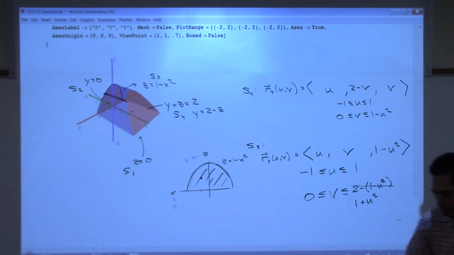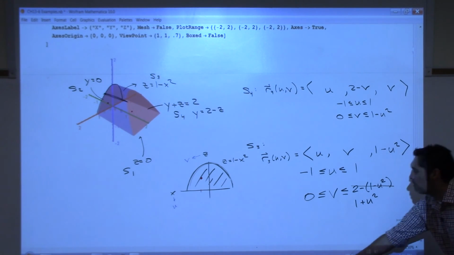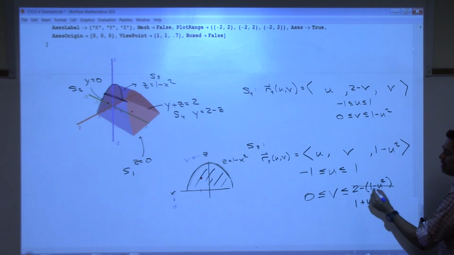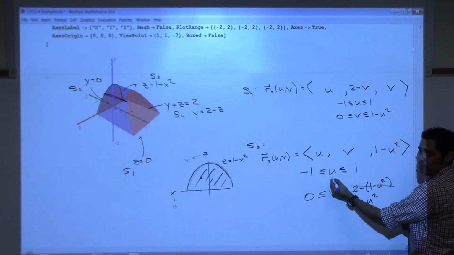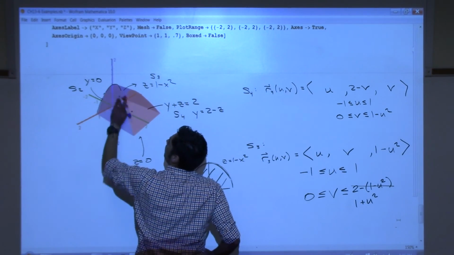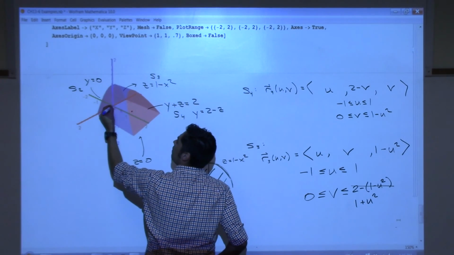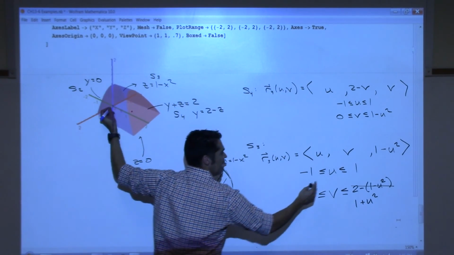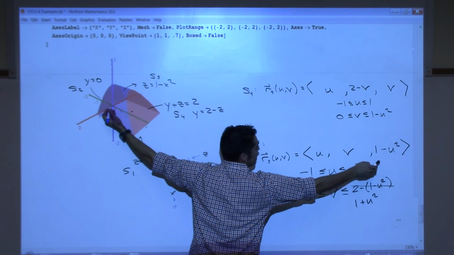I'm going to draw one point for you. Let's take a test point. If I let u be 0, I'm right here, like x being 0. What's my z coordinate going to be?